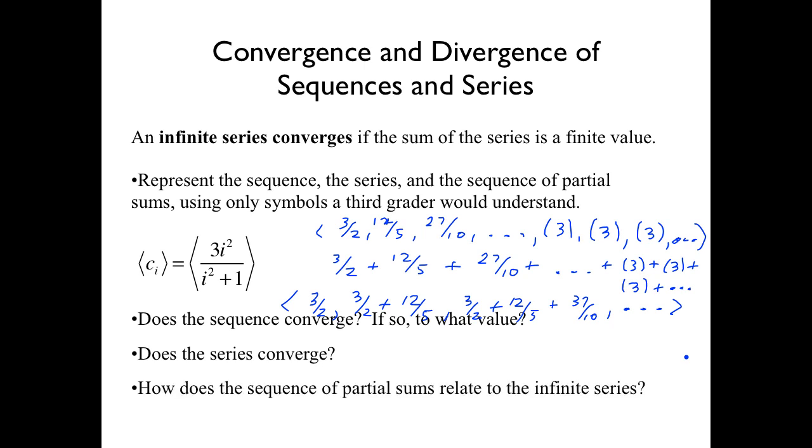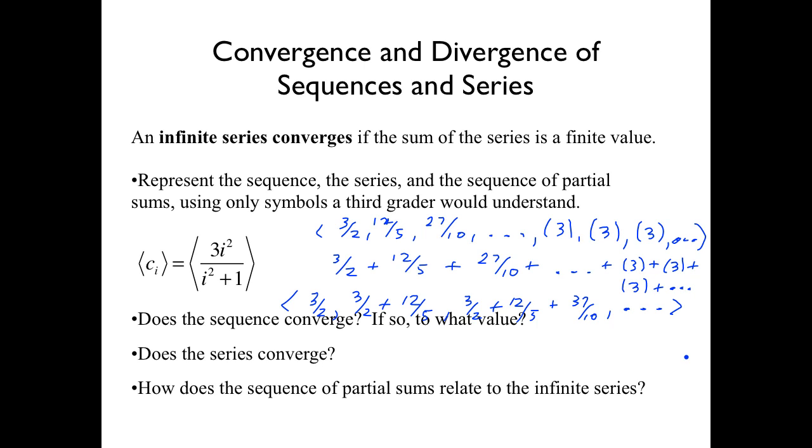So what about the sequence of partial sums then? What will the sequence of partial sums do? Remember, each term of the sequence of partial sums is the sum from before plus one more term. So what's that? Yeah, it diverges. It's just going to get bigger. Each term is going to be 3 bigger than the one before.